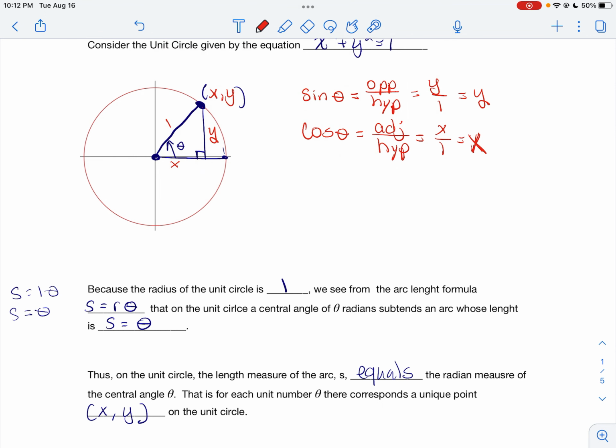Okay, so that's sine and cosine. Then tangent is opposite over adjacent. So the side opposite theta is y, adjacent to theta is x, so that's going to be y divided by x.